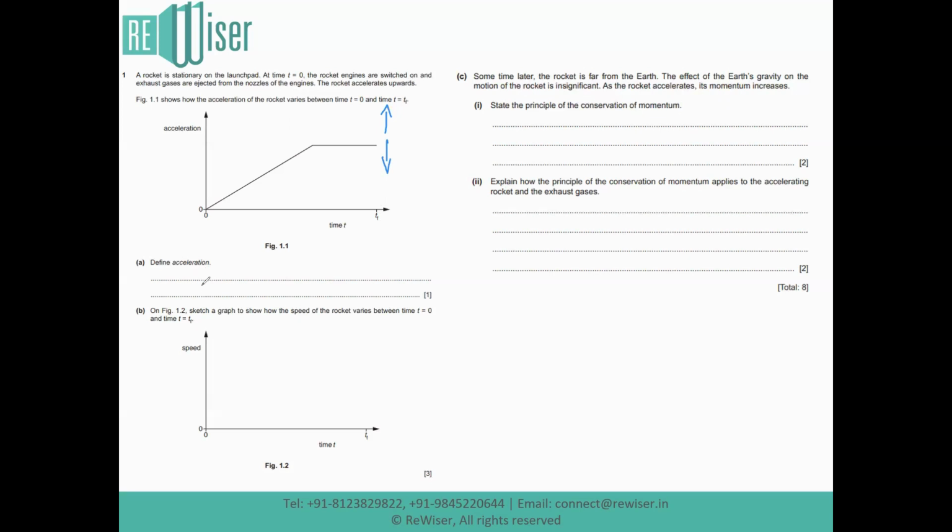The first question says, define acceleration. Acceleration is defined as the rate of change of velocity of a body.